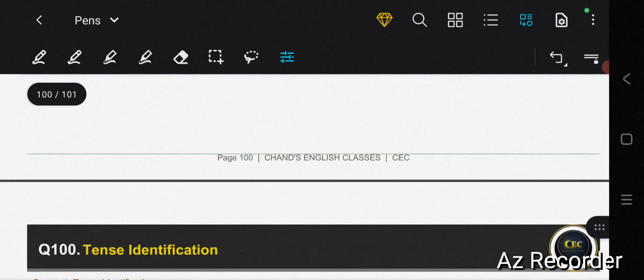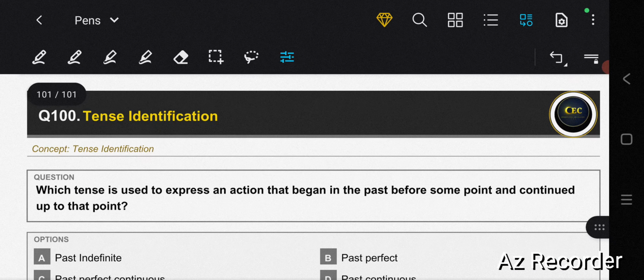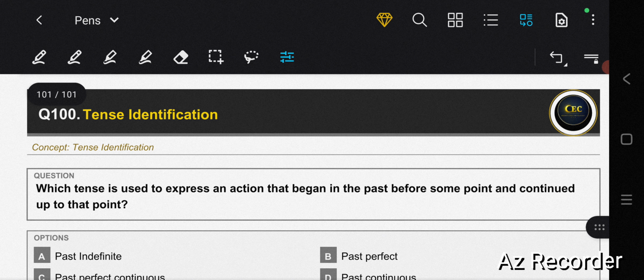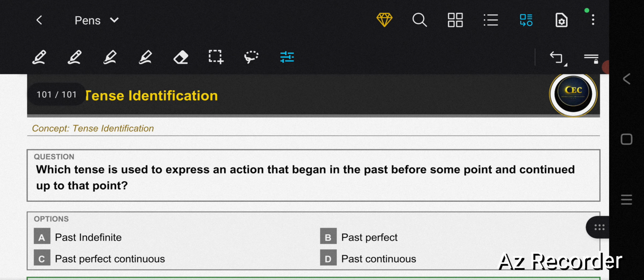Now we have come to the last question of the discussion. So here also we see the identification of tense. Which tense is used to express an action that began in the past before some point and continued up to that point? Started before, in the past, some point, and continued up to that point. Which one should be the correct option as per this description?